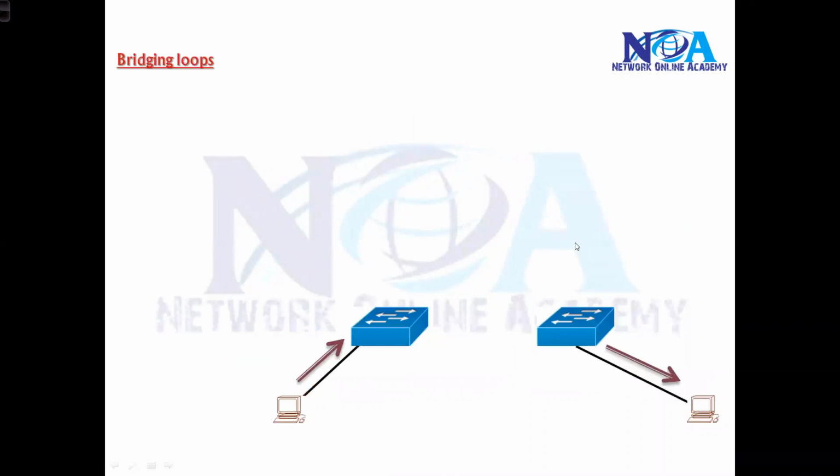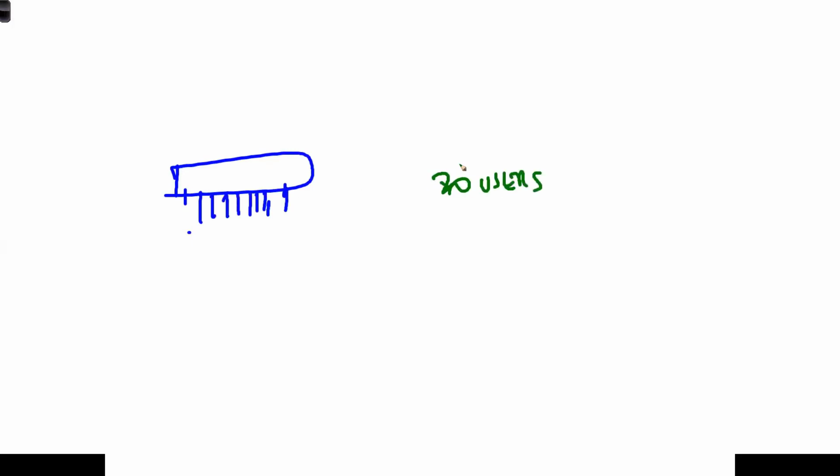Starting with what bridging loops are. Let's say we have a network with two switches. Typically in production scenarios you may have multiple switches in your network. Let's say you have 40 users in your company network and a 24 port switch.